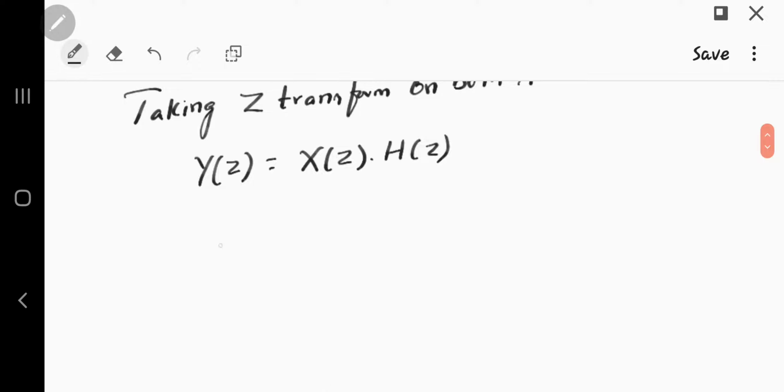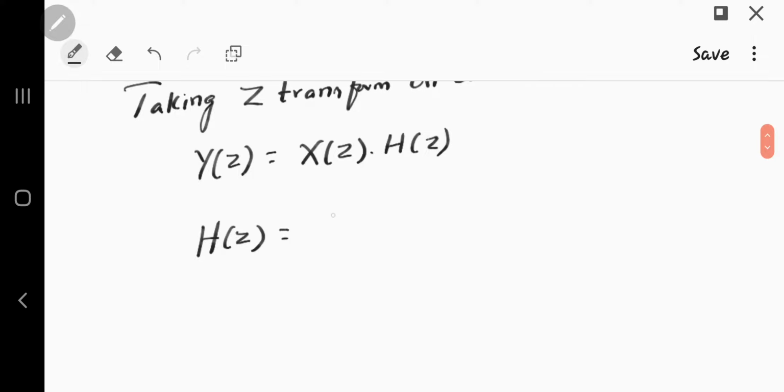Now the system function is defined as output by input.